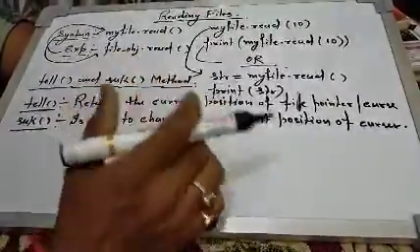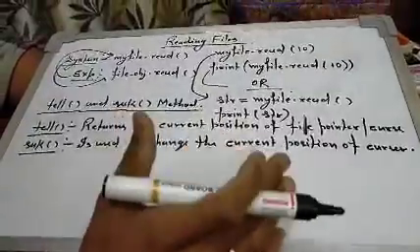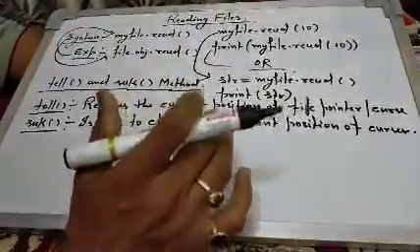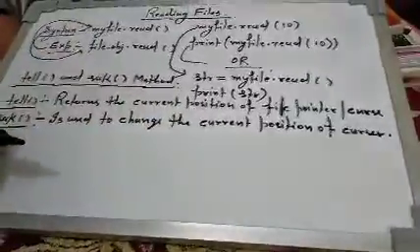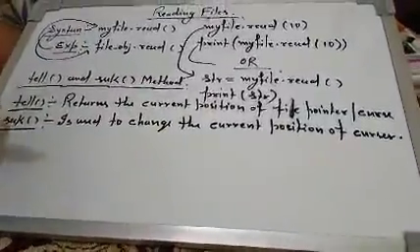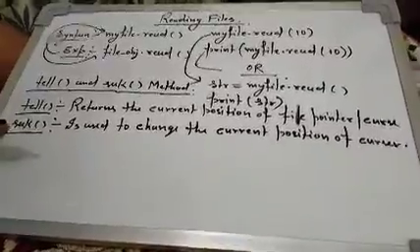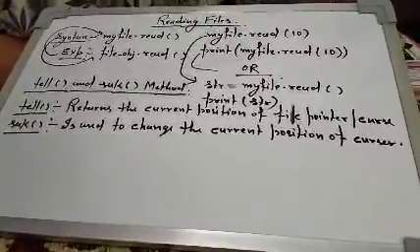Means if you want to change the current position of your cursor from where you have to perform the read or write operation, then you can change it by using the seek function. Both these functions are built-in library functions.